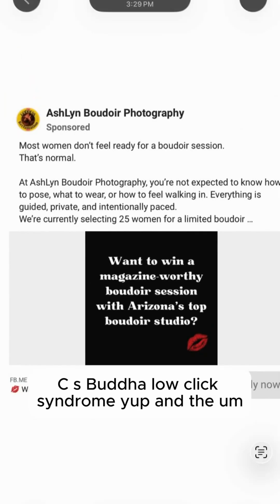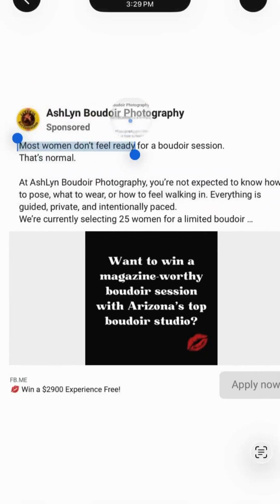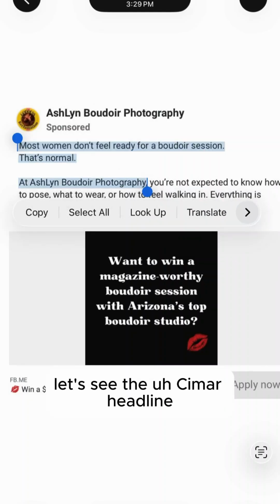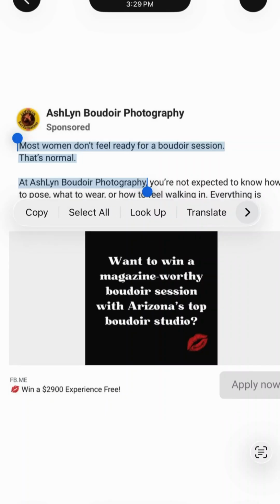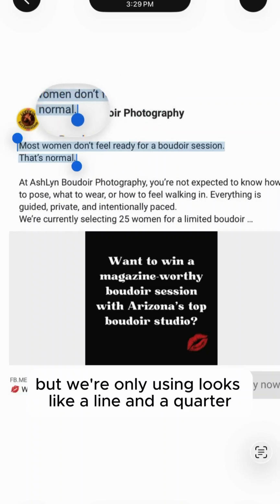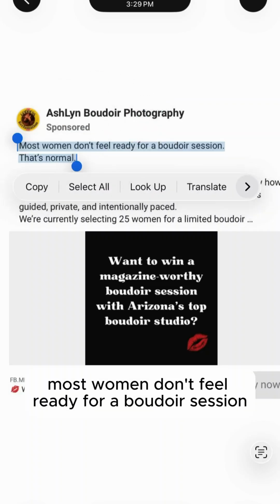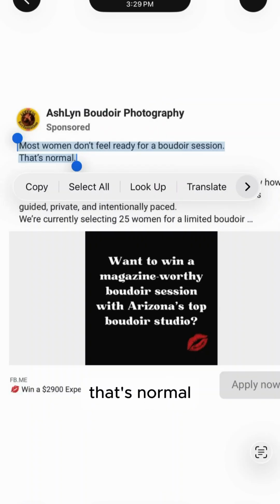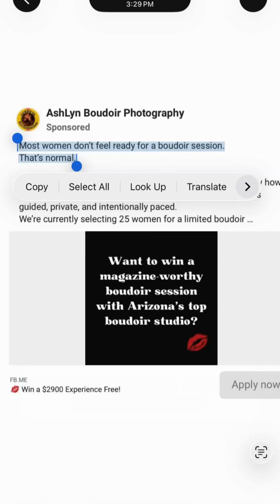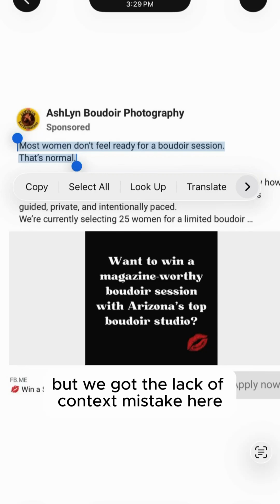Yep. And the CMAR headline. We got the first 2 3/4 lines on Facebook newsfeed mobile, but we're only using, looks like, 1.25 lines. Most women don't feel ready for a boudoir session. That's normal. All right, we got 2 relevant points of context, but we got the lack of context mistake here.